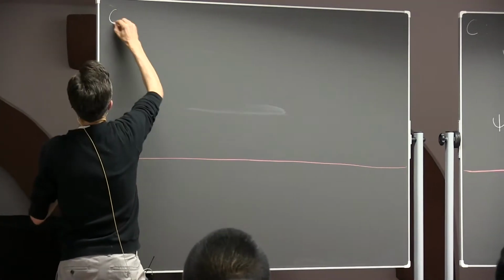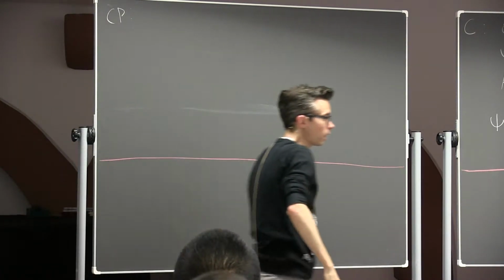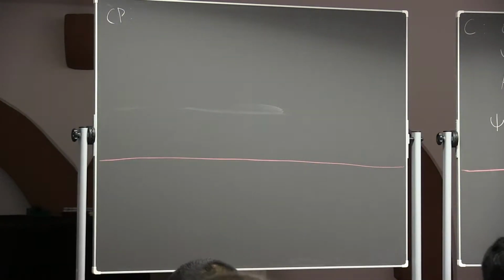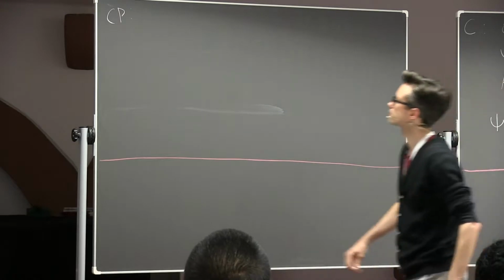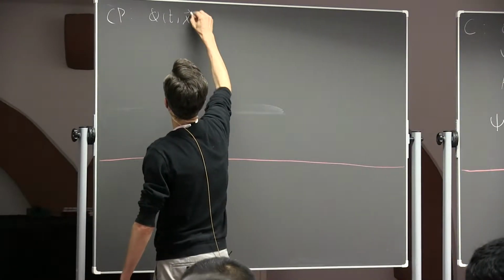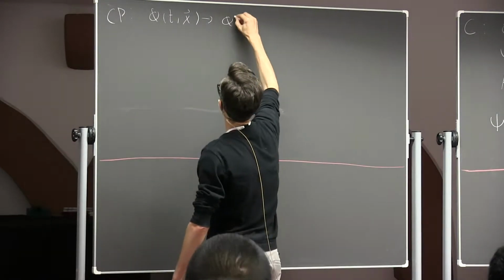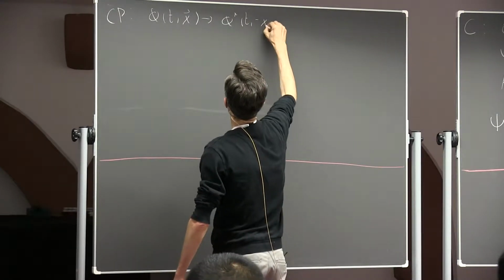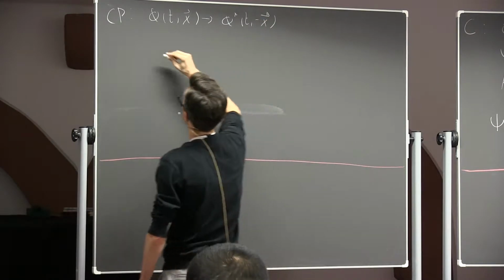So if I go to CP, CP is pretty straightforward. My phi of t of x goes to phi star t of minus x. So that's straightforward.